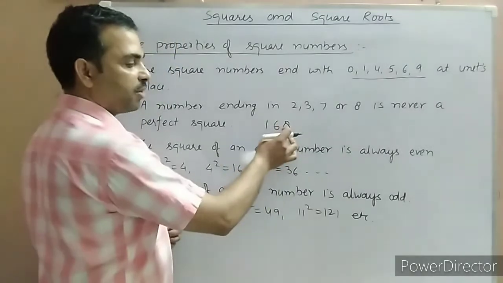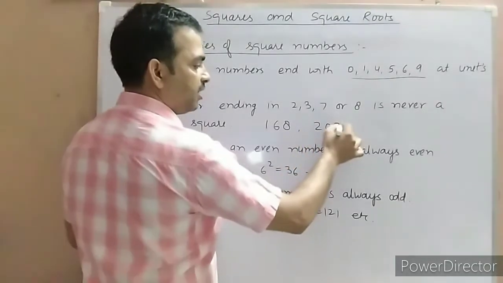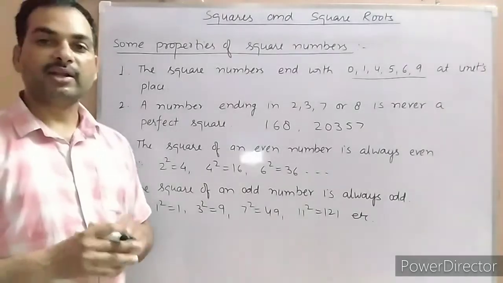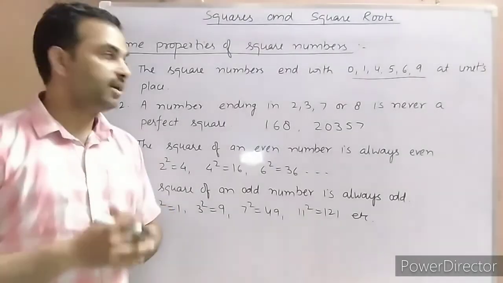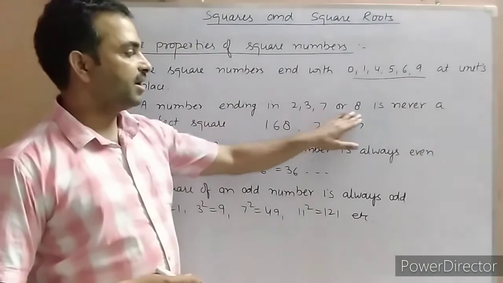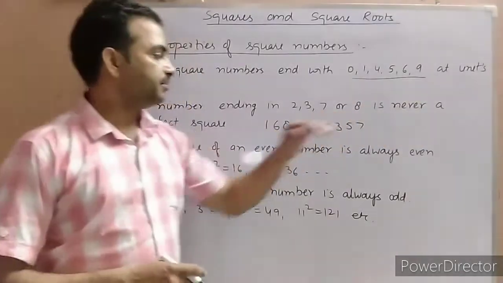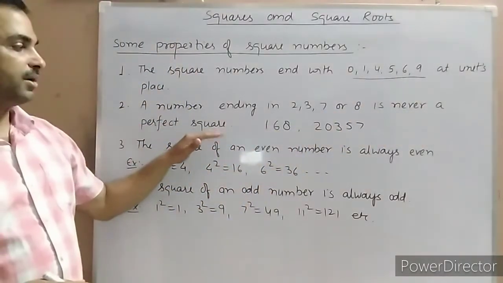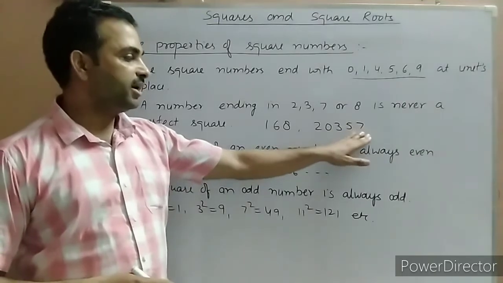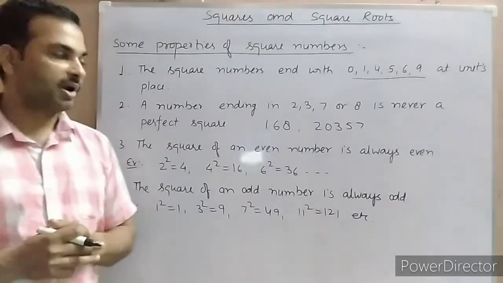Okay, it cannot be a perfect square number. 20357, it cannot be a perfect square number. Got it? A number ending in 2, 3, 7 or 8 is never a perfect square number. Okay, so such type of numbers having unit digit 2, 3, 7 or 8 cannot be a perfect square number.